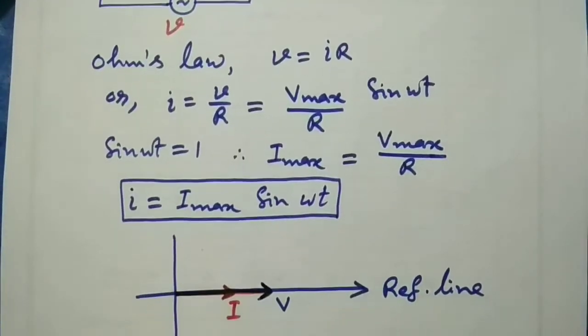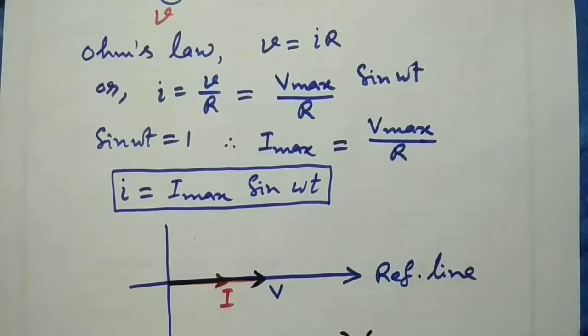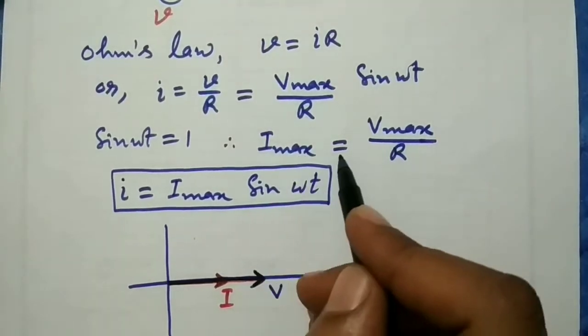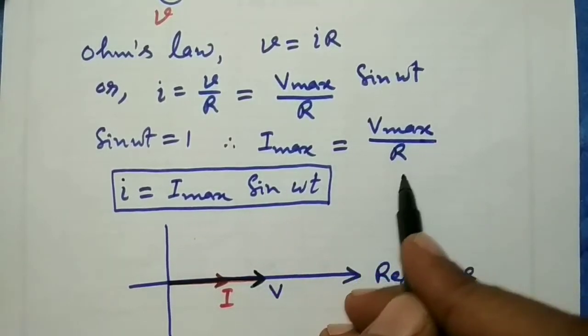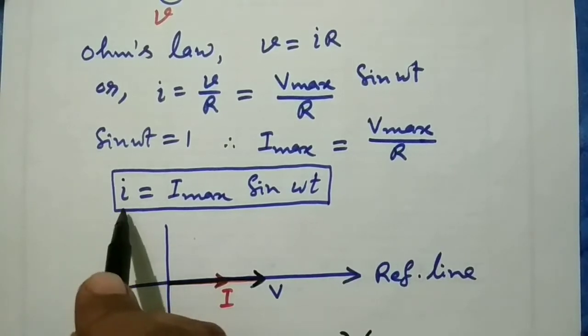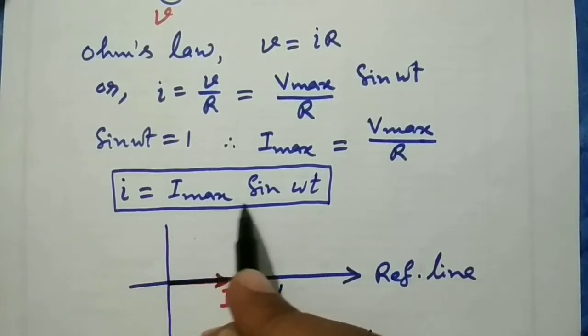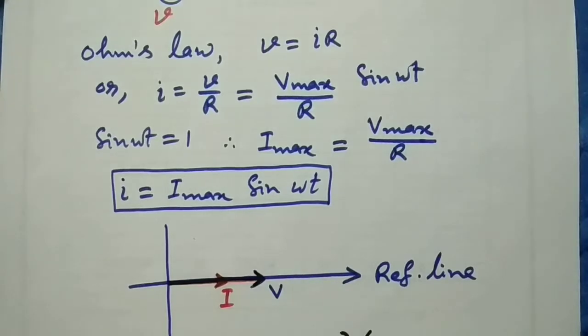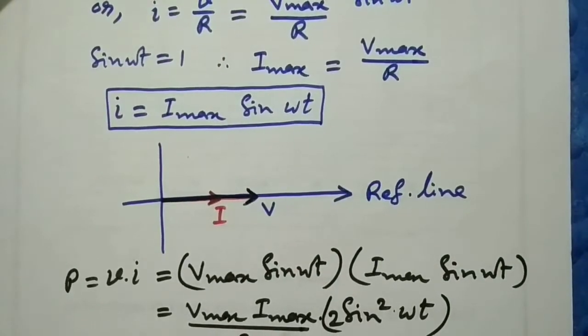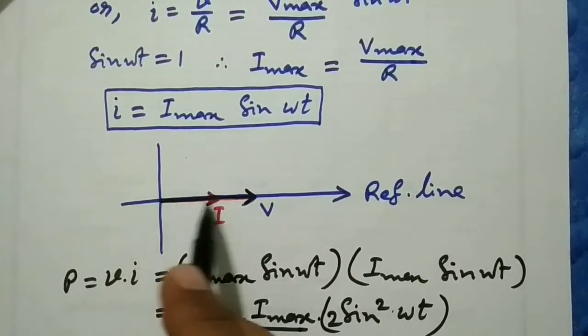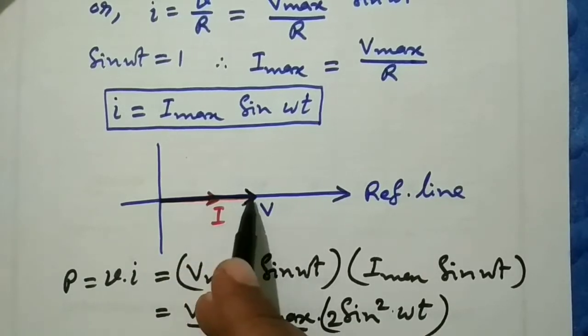When the sin omega t value is equal to 1, the current will be maximum. So I max is equal to V max upon R. Therefore, the instantaneous current can be represented as I max sin omega t. In phasor diagram, both the voltage and current are on the reference line.